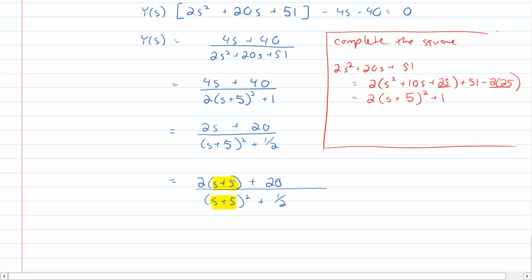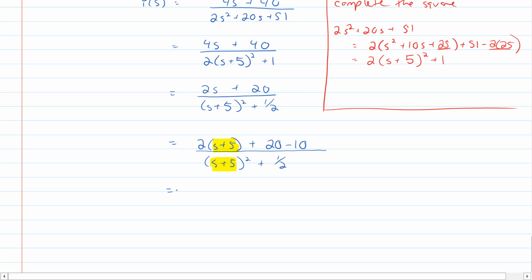With the 20 that we had previously, notice that writing 2(s + 5) essentially added a 10, so we're going to subtract that 10 to balance it.